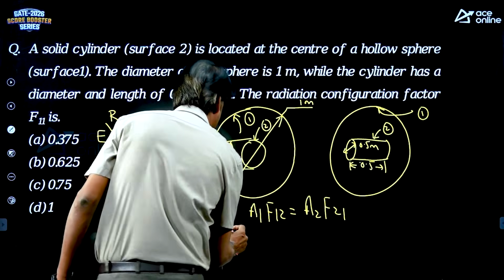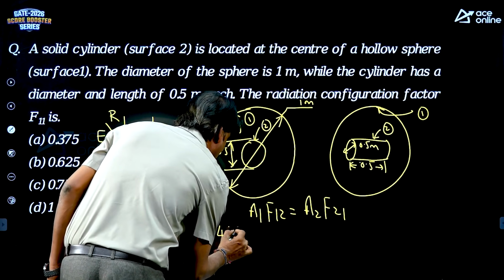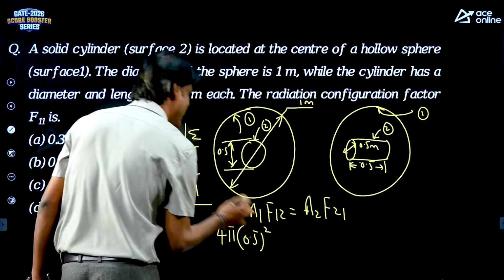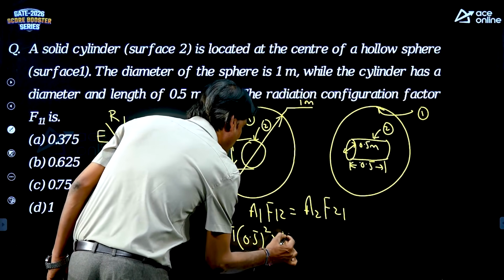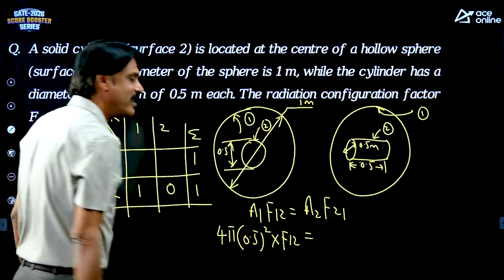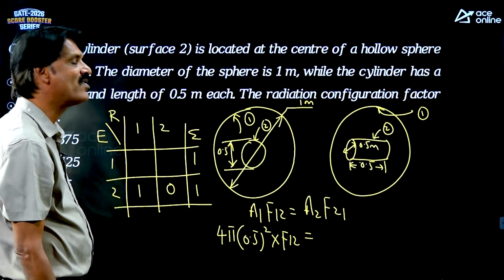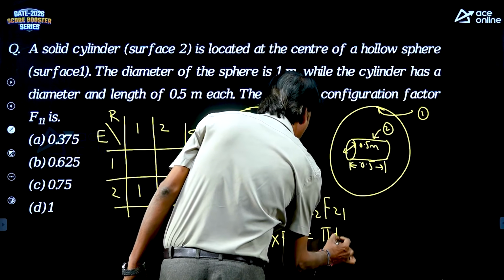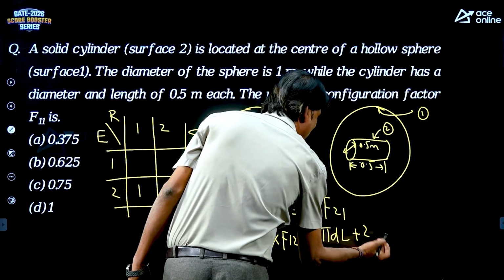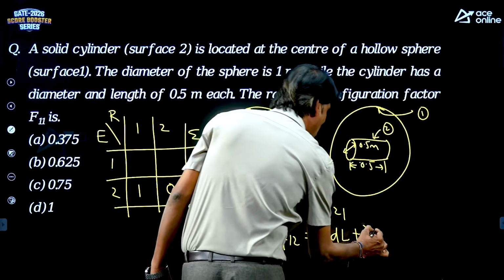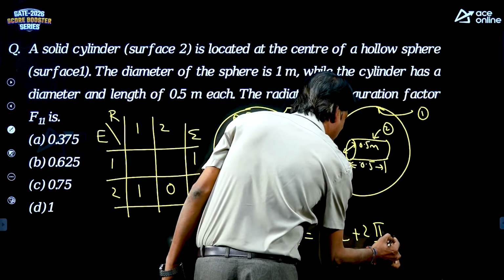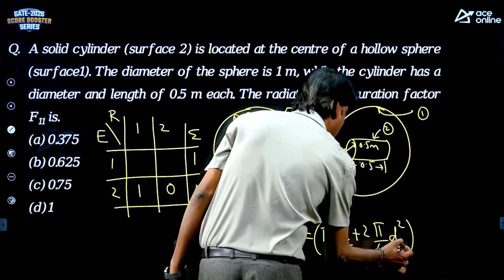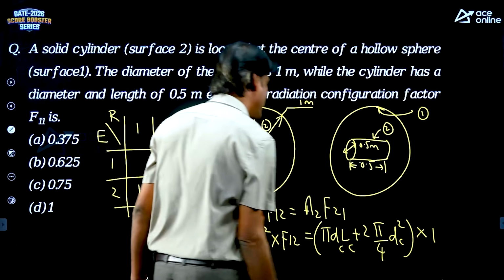Area is 4 pi, radius 0.5 squared, into F1 on 2, is equal to A2, its lateral surface area pi d l plus 2 pi r square, which I write as 2 into pi by 4 d square. This is for your cylinder into shape factor 1.